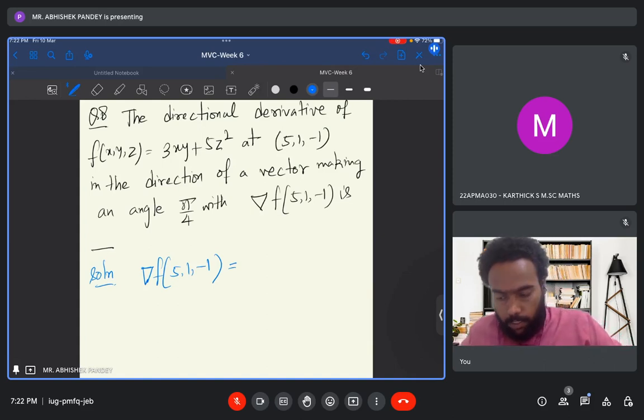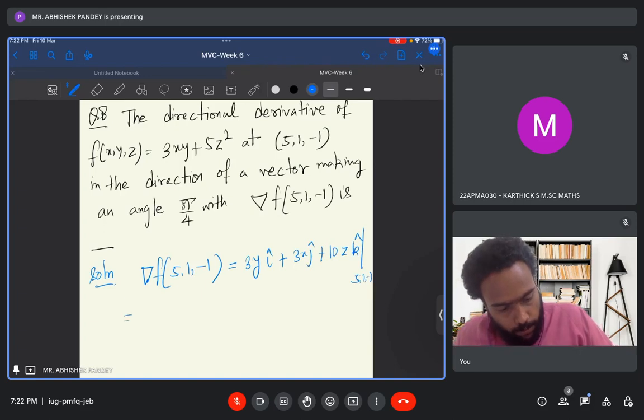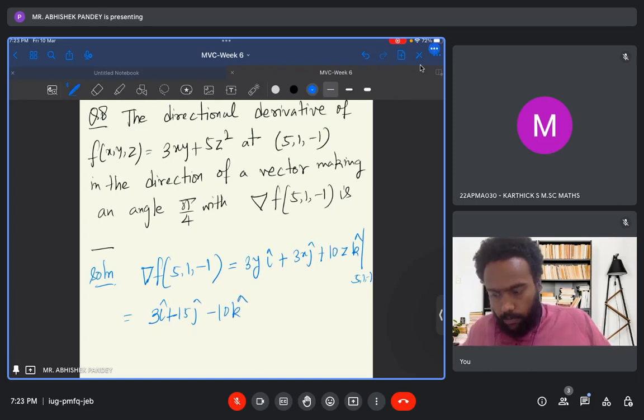So this will be 3y i cap plus 3x j cap plus 10z k cap. Okay, at the point 5, 1 and minus 1, so you will get 3i cap plus 15j cap minus 10k cap.